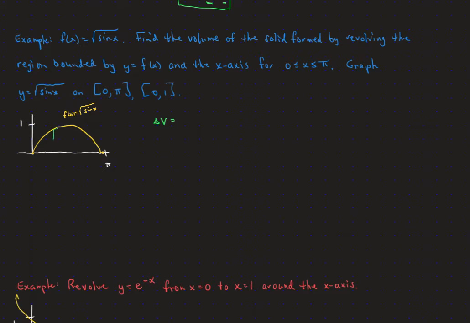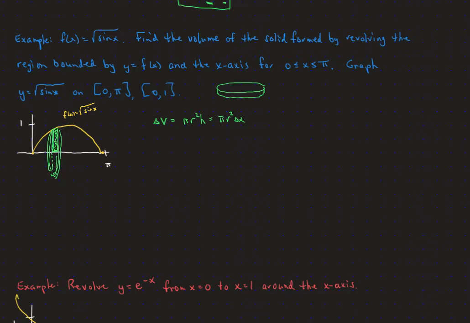So for our delta volume, we're going to imagine taking this rectangle and spinning it around the x-axis. I'm going to slide it out and turn it around, and it's going to be a very thin cylinder, what we refer to as a disk. Our delta volume is going to be pi r squared h, which in our case, because that little thickness is delta x, is pi r squared delta x.